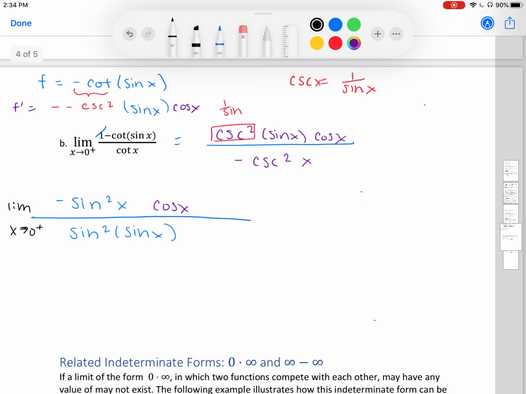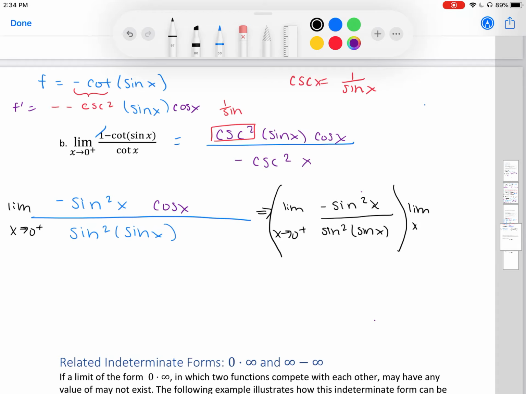So let's think of it as the limit as x is approaching 0 of negative sine squared of x divided by sine squared of sine of x. And then let's take the limit of cosine separately.